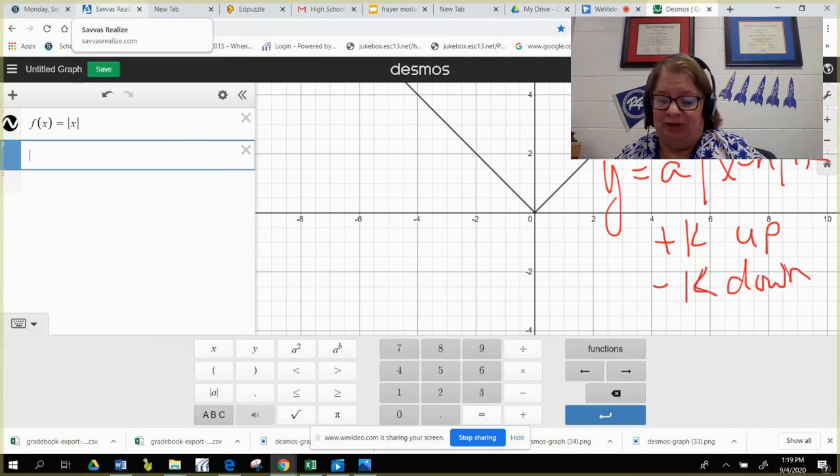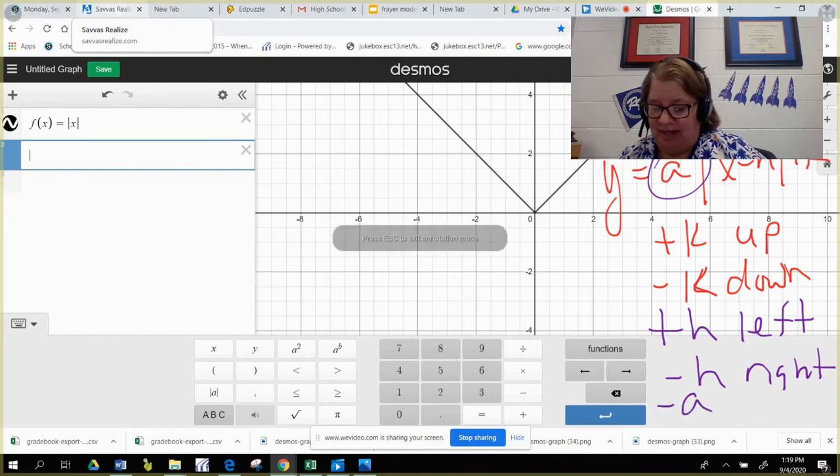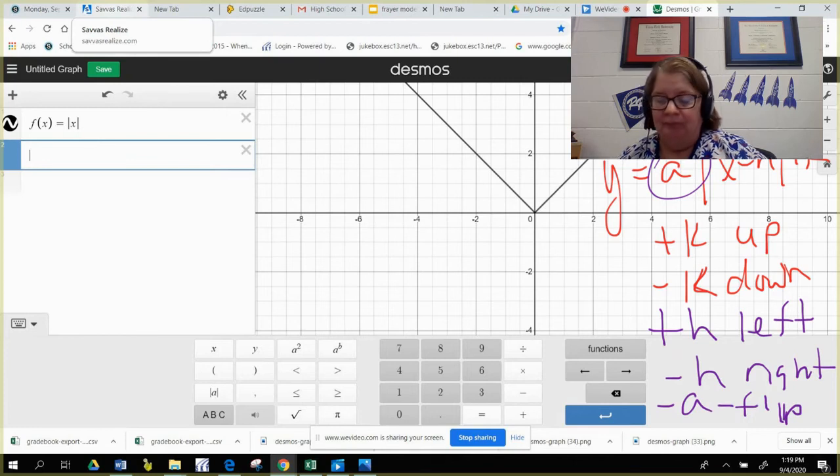We talked about the h, the number that's inside the absolute value. A plus h goes left, and a minus h goes right. And if this number is negative, a negative a is a flip or an x-axis reflection. But what if that a is a number? Can that a be a number?